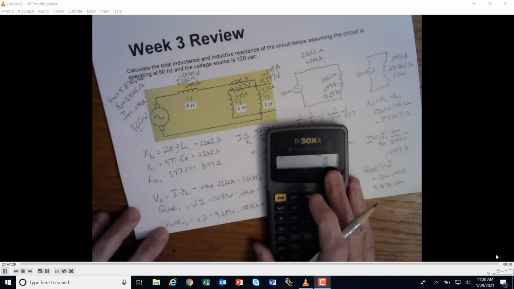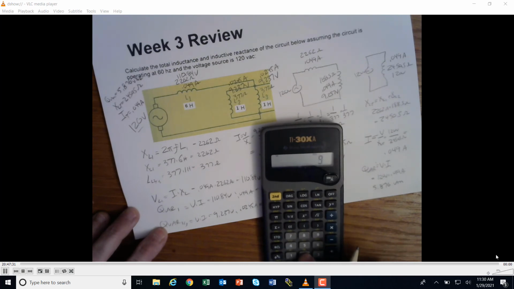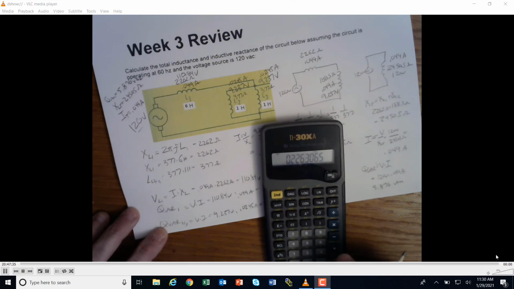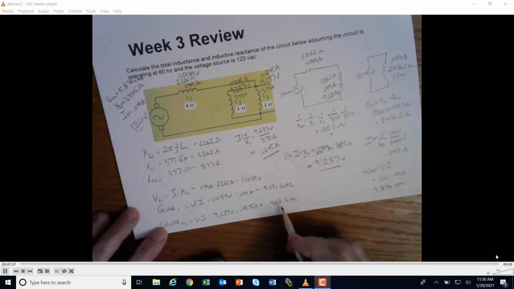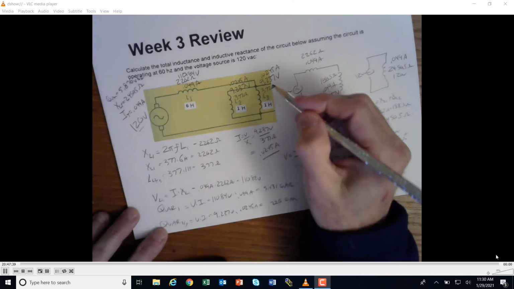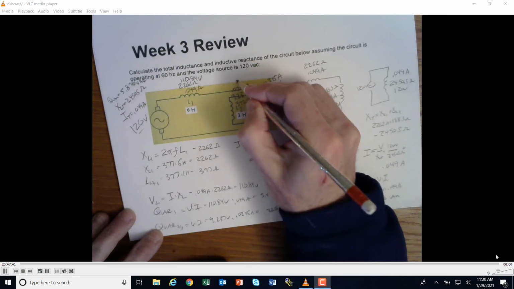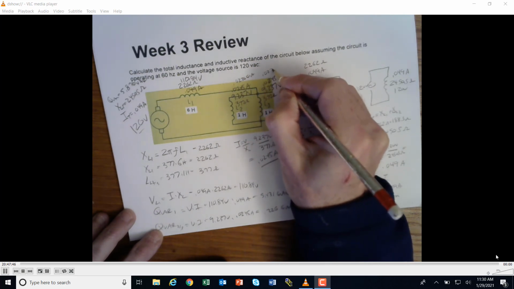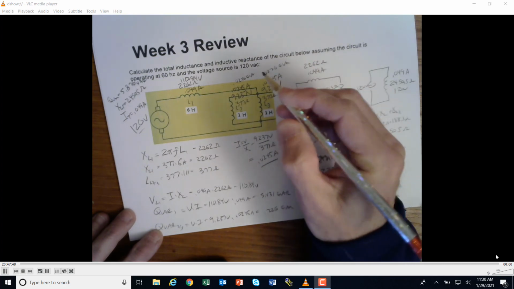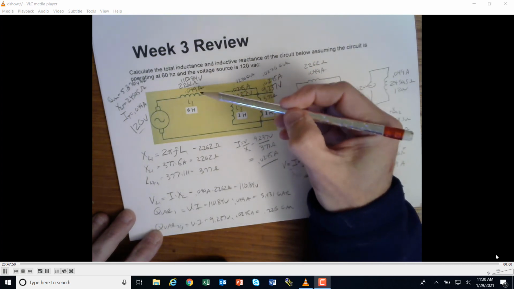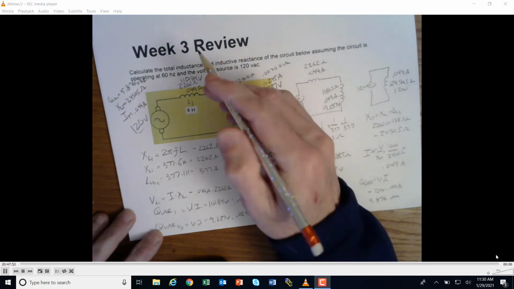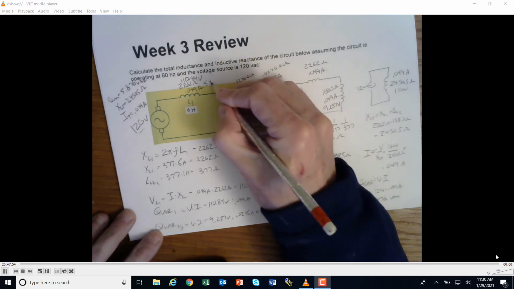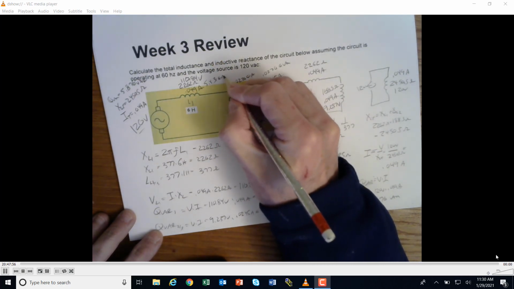Let me just check that again. 9.237 times 0.0245 equals 0.226 Q var. And remember, they're the same here, 0.226 Q var, 0.226 Q var, and this one was 5.431 Q var, okay?